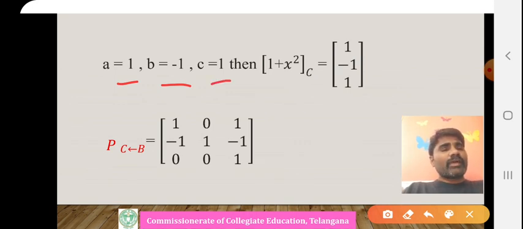Then the coordinates of 1 plus x square with respect to the basis C are given by (1, minus 1, 1).